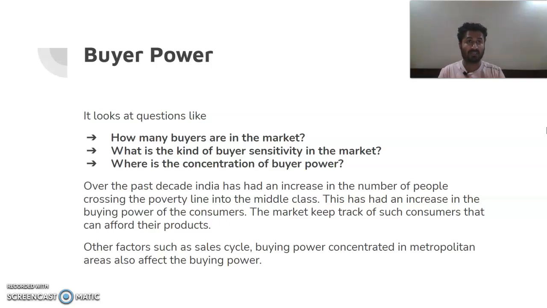Another example of buying power and how it affects a market can be seen in the Hollywood movie sector. We see more and more immigrants that have settled in the US having more buying power.